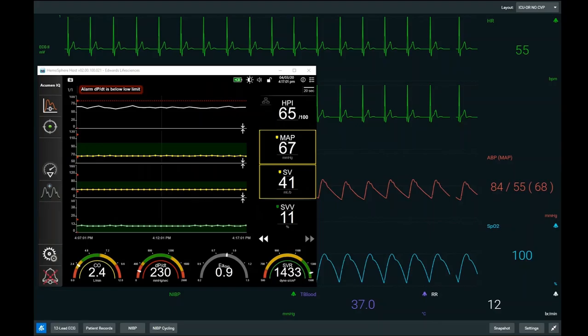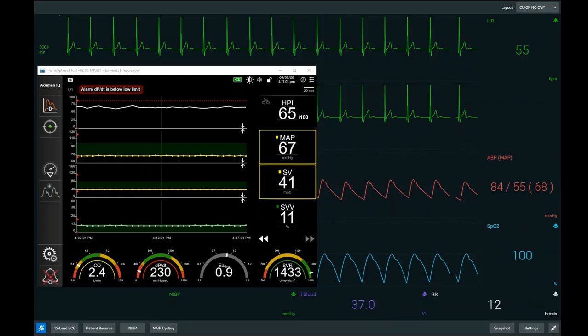Just as previously, to orientate ourselves in terms of the screens, in the background we have our basic patient monitor showing our heart rate, our invasive arterial blood pressure taken from a radial arterial line, and our oxygen saturations. In the foreground we have our advanced hemodynamic monitor, the HemoSphere, currently trending the Hypotension Prediction Index, or HPI, at the top, our mean arterial pressure, our stroke volume, and our stroke volume variation.